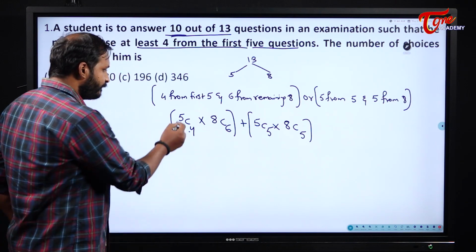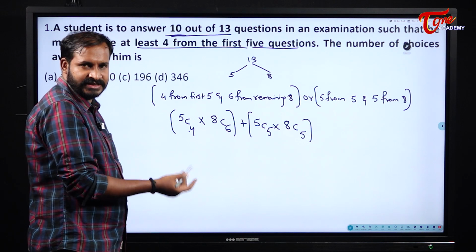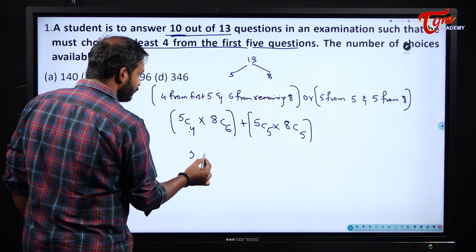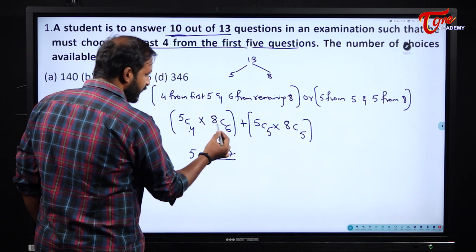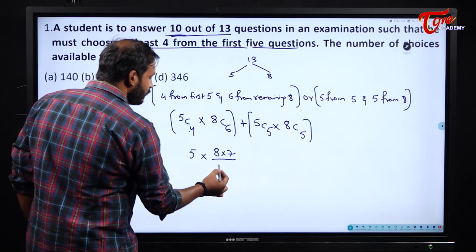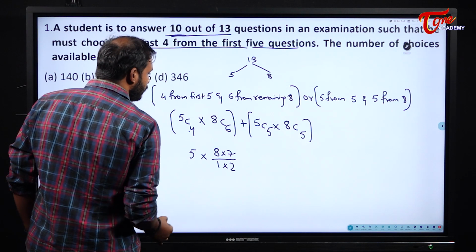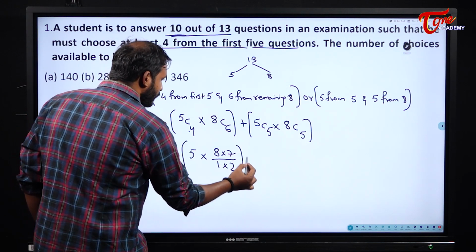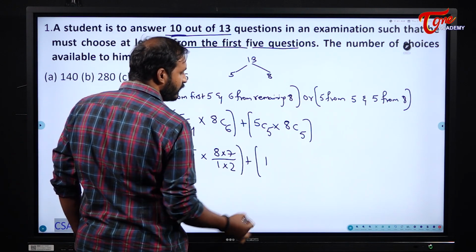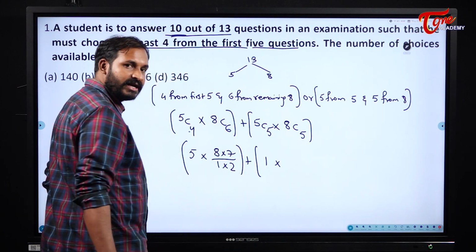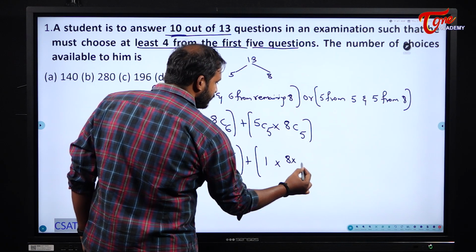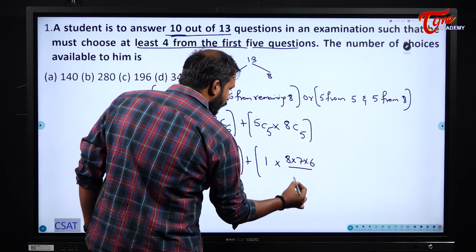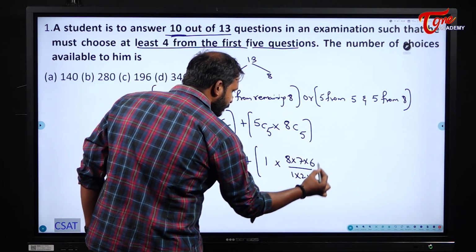Okay, right. 5C4 means 5C1, which is 5. 8C6 I can write as 8C2, which is 8 into 7 by 1 into 2. Plus 5C5 means 1. 8C5 is nothing but 8C3, which is 8 into 7 into 6 by 1 into 2 into 3.